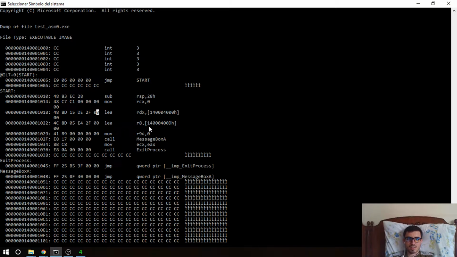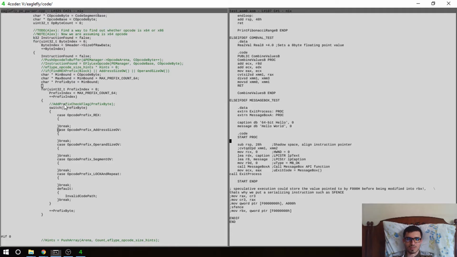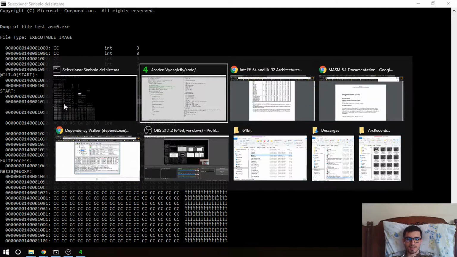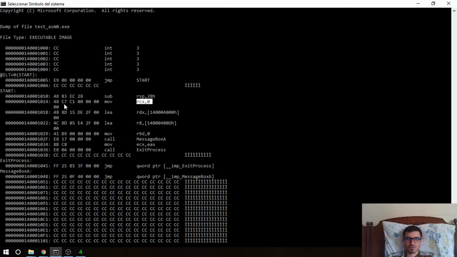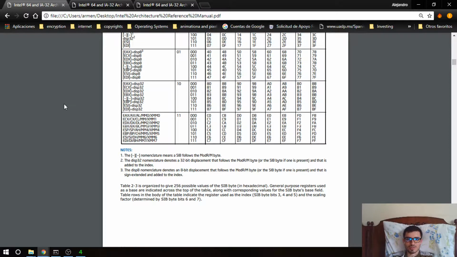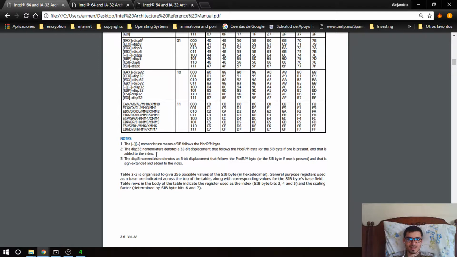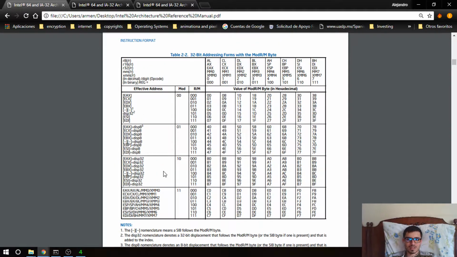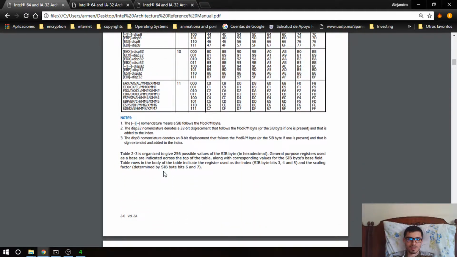This address is an address because it's inside the brackets, and this is a register. RCX has an encoding, but this is for 64-bit. We haven't gotten to that part, so just wait a second. But that's important to mention.